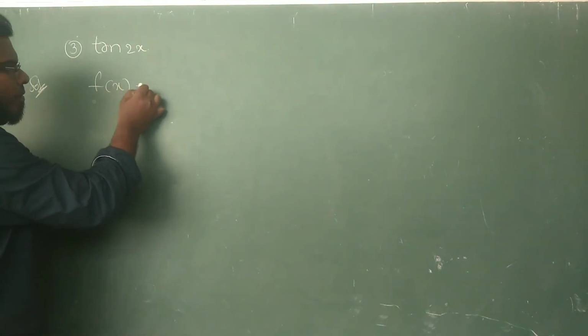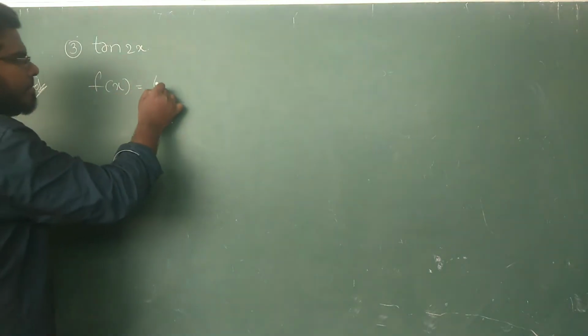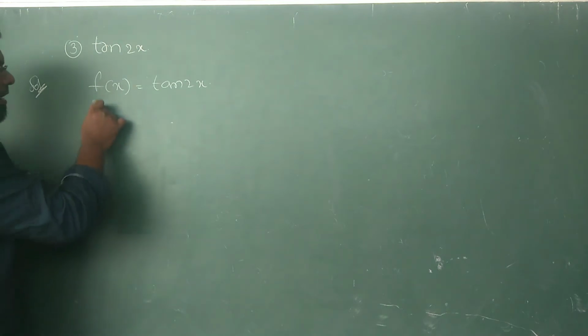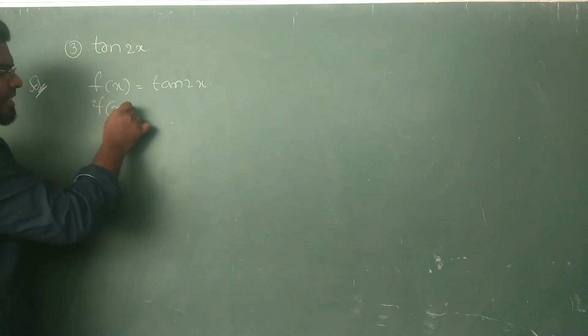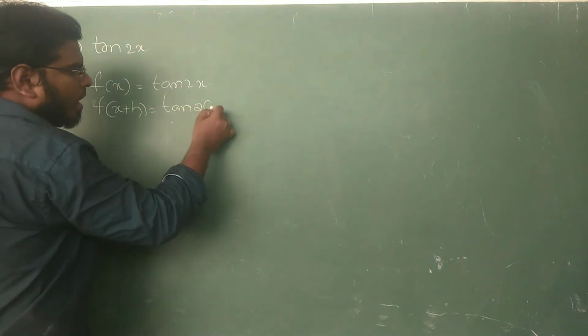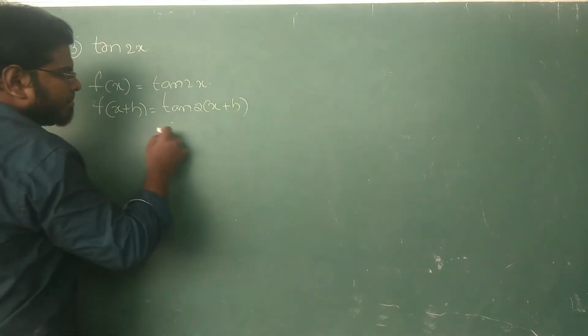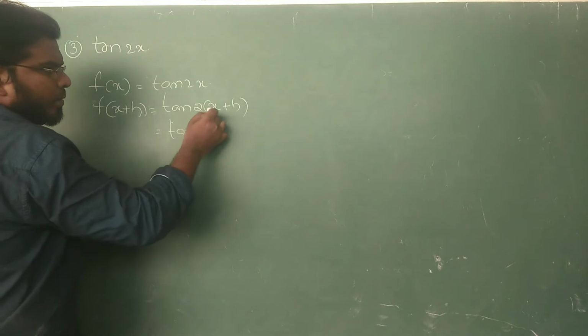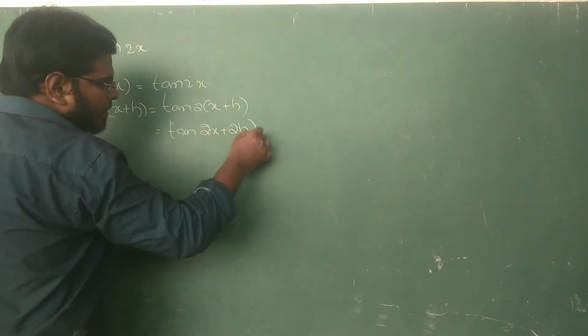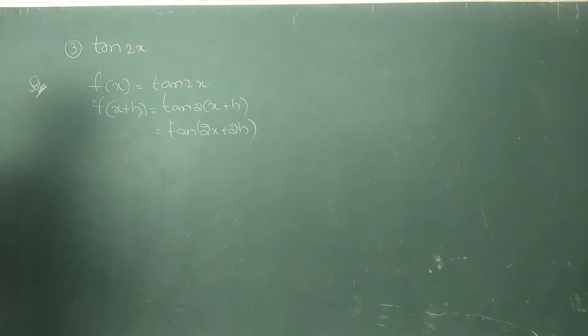First thing, f of x is equal to tan 2x. Write the question here. Then f of x plus h is equal to tan 2 of x plus h. The next step, tan 2 into x is 2x, 2 into h is 2h.